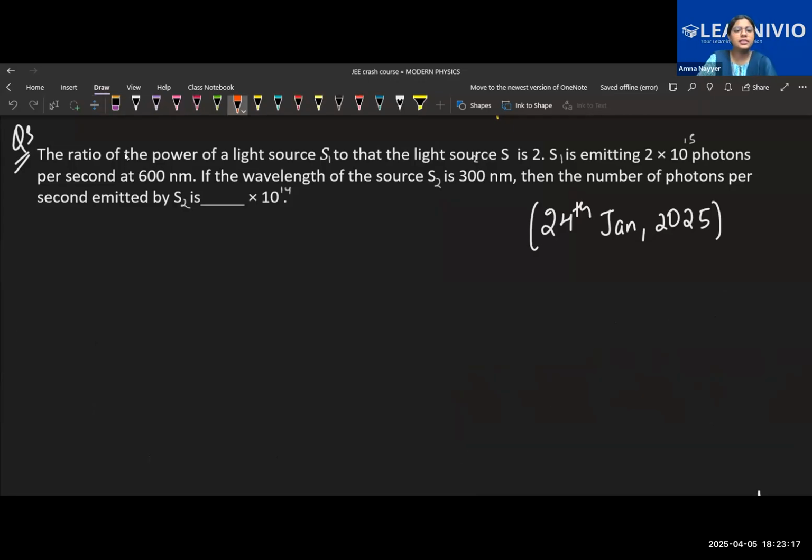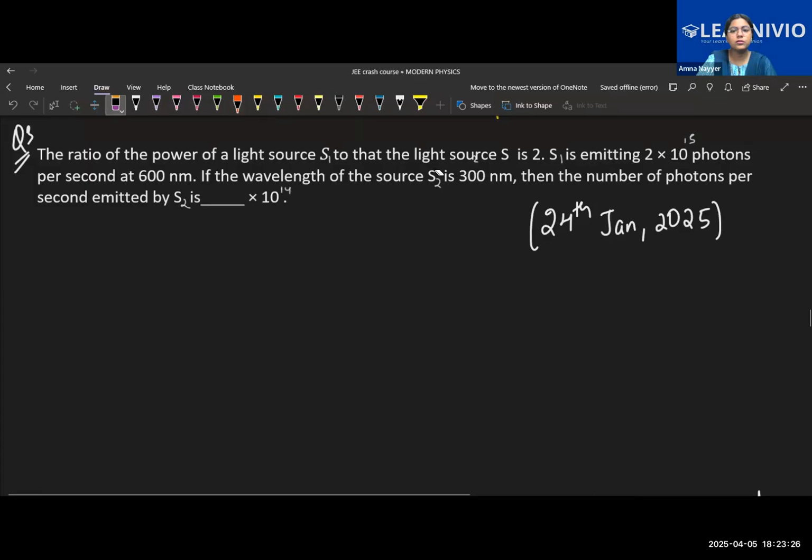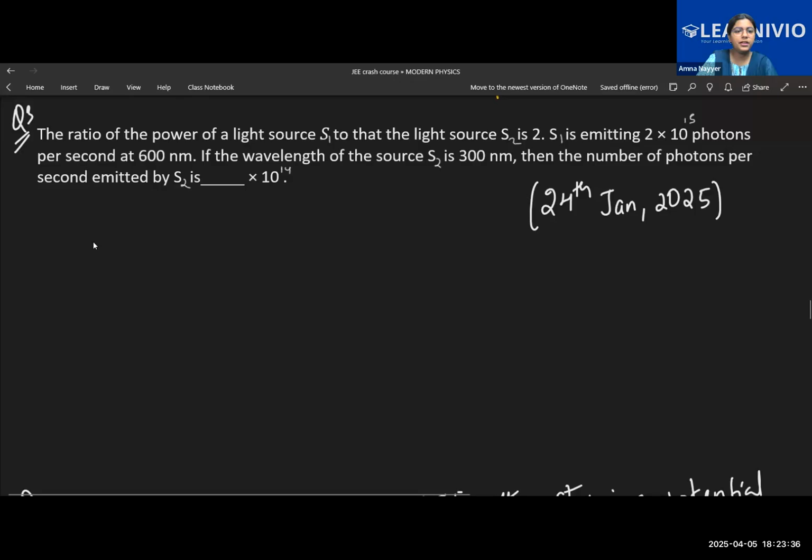So this is saying the ratio of power of a light source S1 to that of the source S2 is 2. So this is S1, this is S2, and the ratio of the powers, P1 by P2, is given as 2.